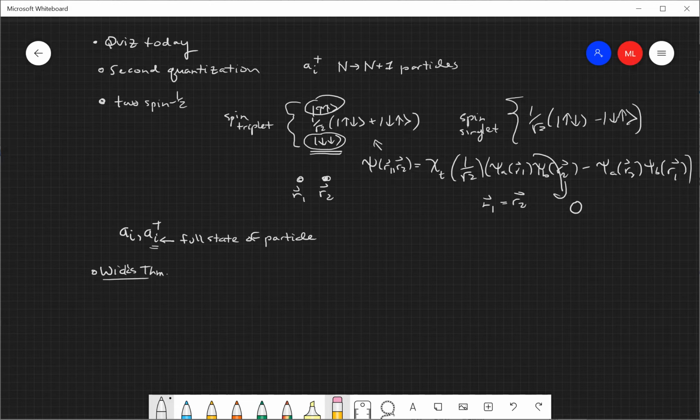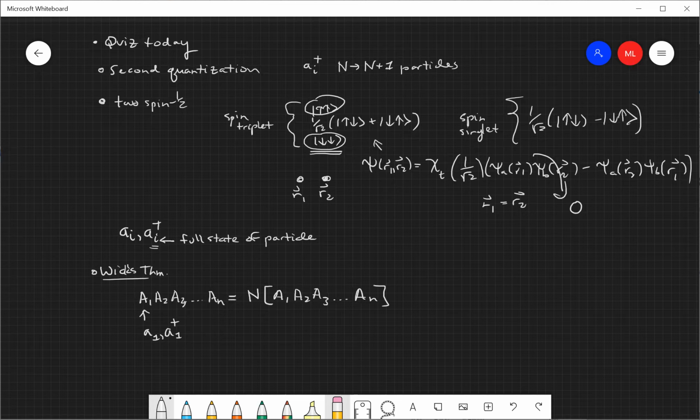But in the context of the second quantization stuff, the theorem is just that if you have a product of creation and annihilation operators, a bunch of them, and these can be either creation or annihilation operators, then this product is equal to the normal ordered set of operators, where you put all of the annihilation operators on the right and all the creation operators on the left.